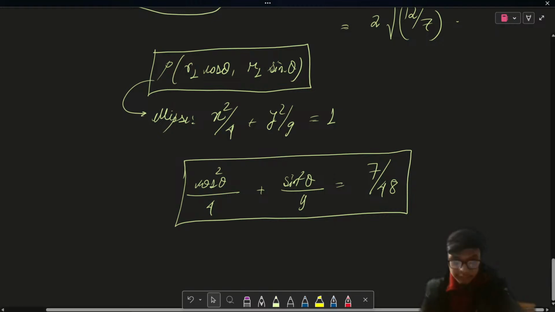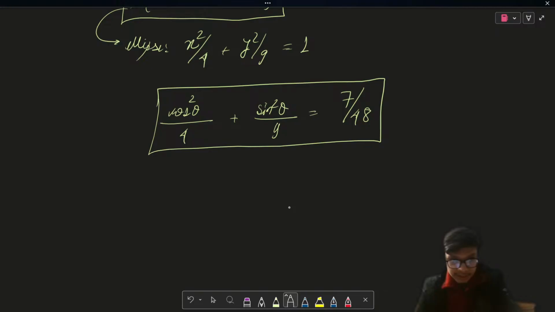Now similarly, if we take any point R on the ellipse, let us say it is given with r2 as the radial distance of the point R from the origin, as (r2 sin theta, r2 cos theta), right?